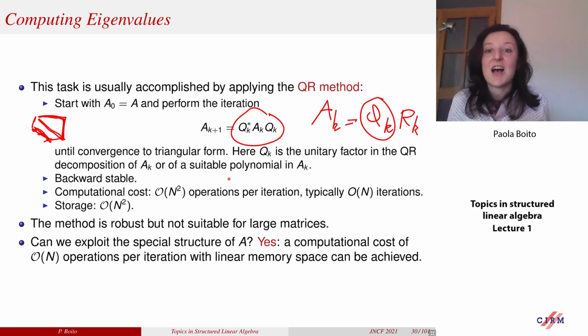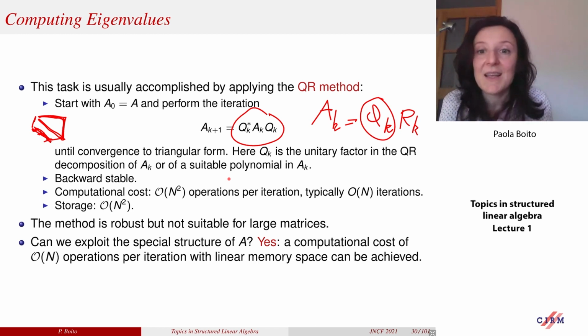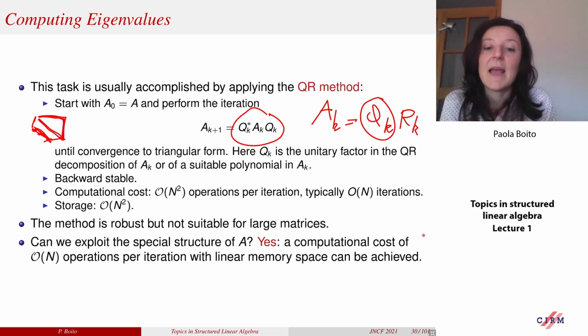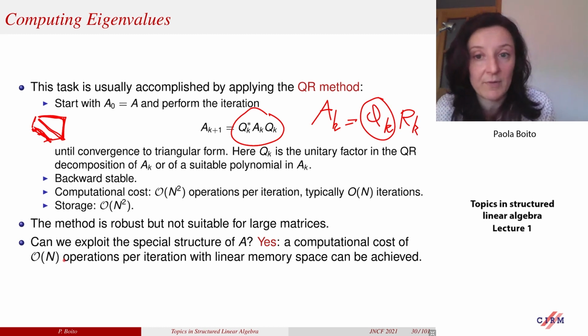If we have a polynomial of large degree, using this approach to compute its roots can be costly. But we can exploit the special structure of the companion matrix. In this way, it's possible to reach a computational cost of O of n operations per iteration, with linear memory space, and so overall a cost of O of n squared operations.